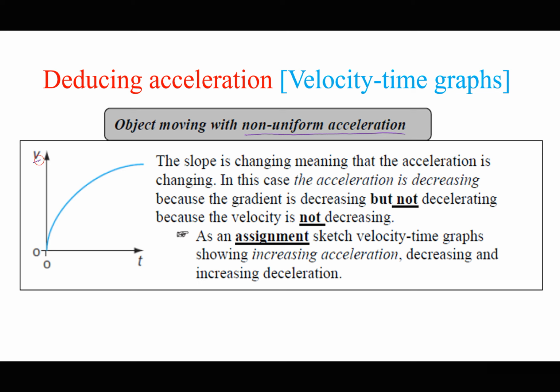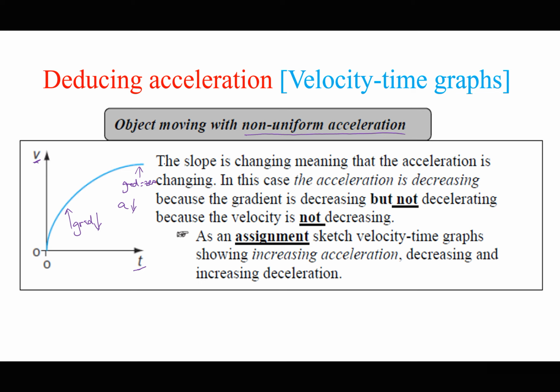This is a graph of velocity against time, and remember the gradient is the acceleration. Whenever the line becomes horizontal, it means the gradient is decreasing. So the gradient of this line is decreasing. At this point here where the line is horizontal, the gradient is 0. And if the gradient was decreasing, it means the acceleration was decreasing, because the acceleration is the gradient.